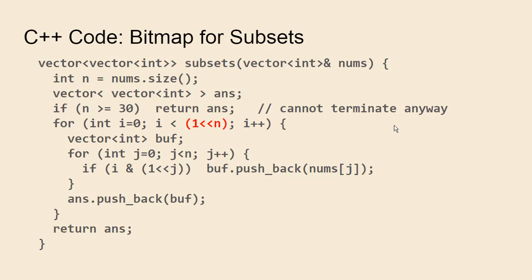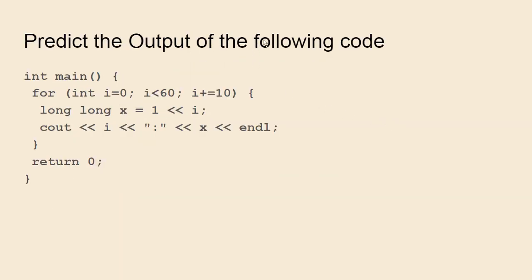I do want to show one caveat when you use this bit operator. This is C++ code, and the question asks you to predict what this code will generate.